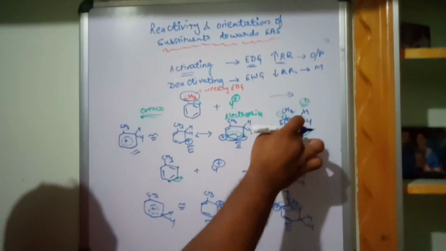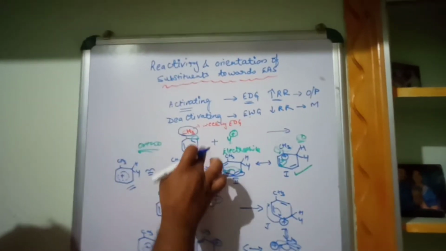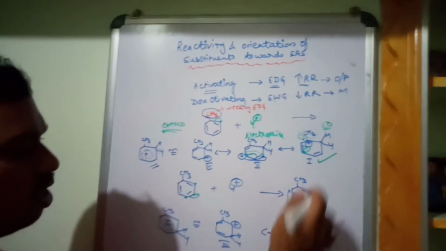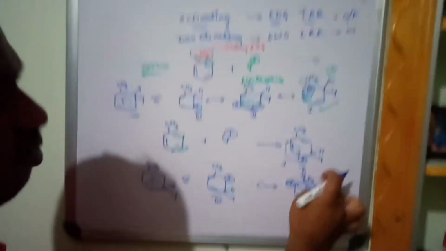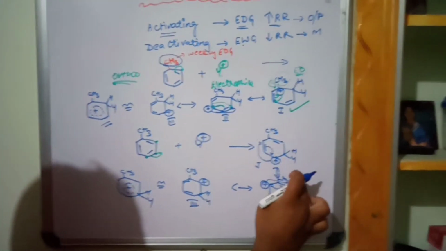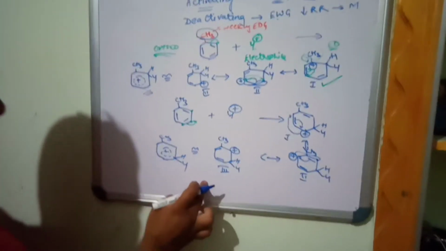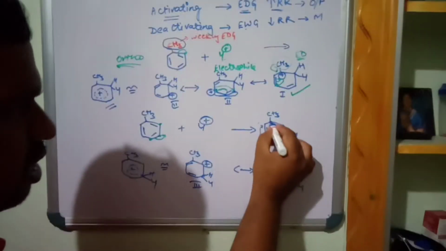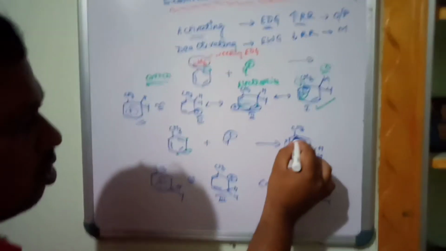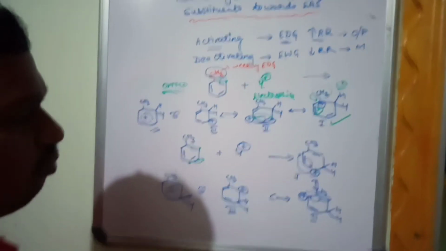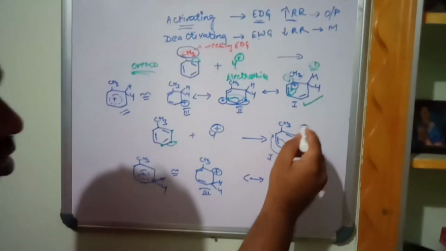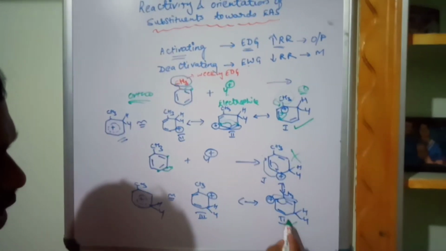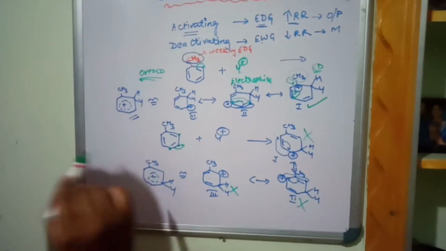In case of an ortho director, the electrophile attacks on the ortho position. The carbon holding the positive charge is the same carbon holding the methyl group, or the activating group. Is any such resonance stabilized structure there? No. Is this structure there? No. The carbon holding the positive charge is the same carbon holding the methyl group. Is this structure there? No. So this is not there, this is not there, and even this is also not there.